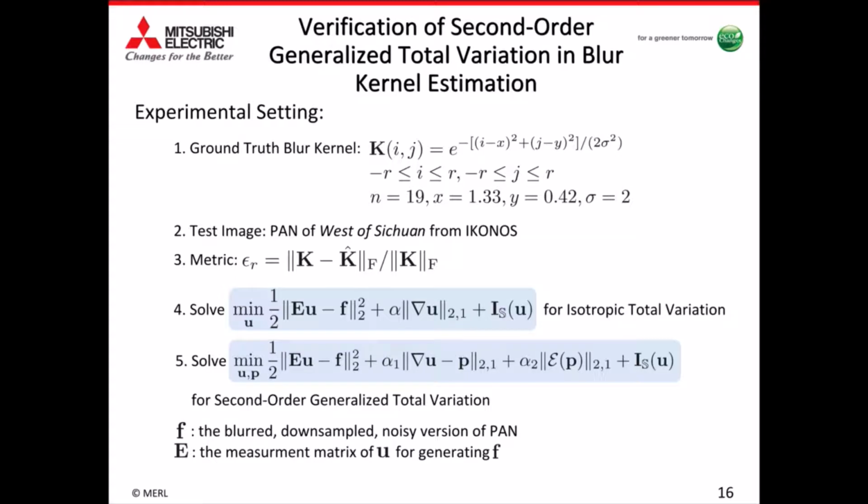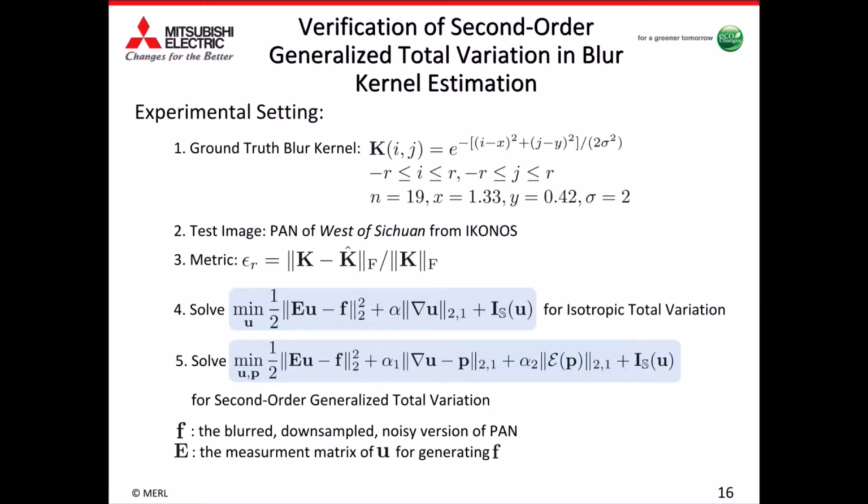The blurred, downsampled, and noisy image is called F. The process of generating F can be written as the blur kernel multiplied by a measurement matrix E. We solve two optimization problems that regularize with the widely used isotropic total variation and our second-order generalized total variation. We can make a comparison in terms of the relative error.